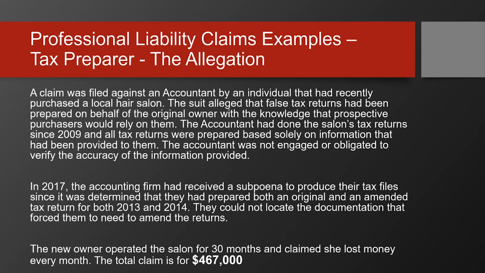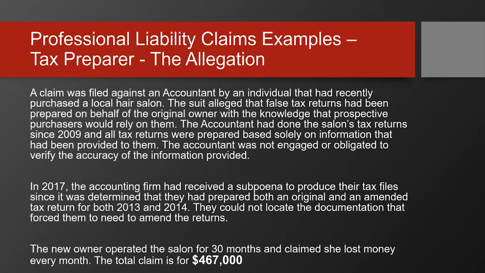In a nutshell, I don't want to read the entire claim to you, but basically this tax preparer was hired to do taxes for a hair salon, and they did tax returns for them for many, many years. And that salon sold their business. When they sold the business, they had to release their profit and loss and balance sheets to the people buying it.